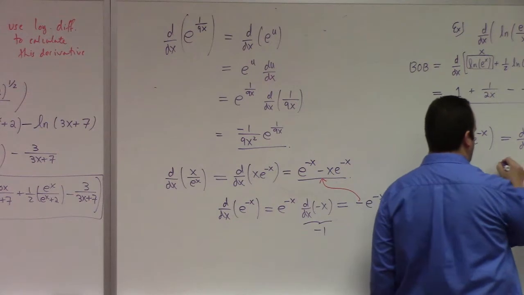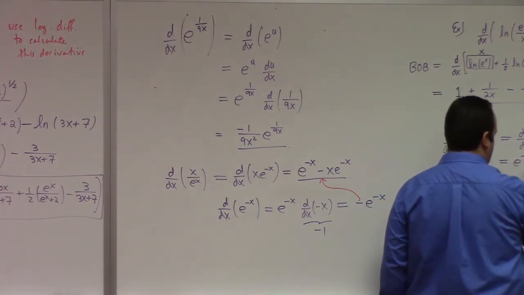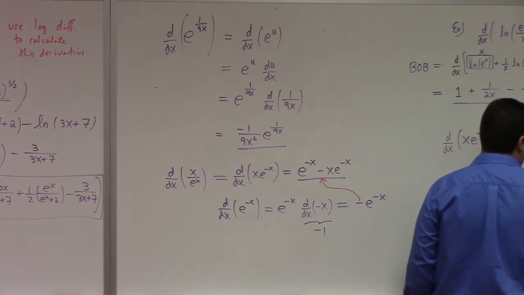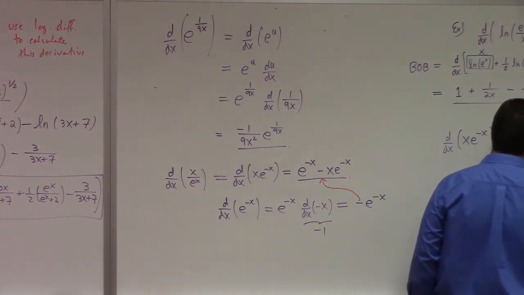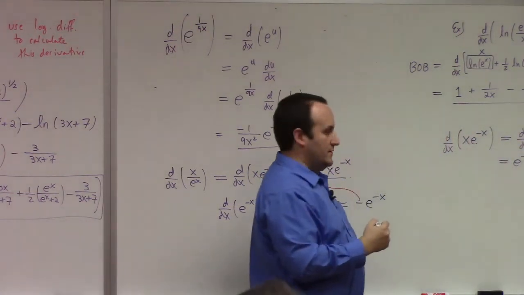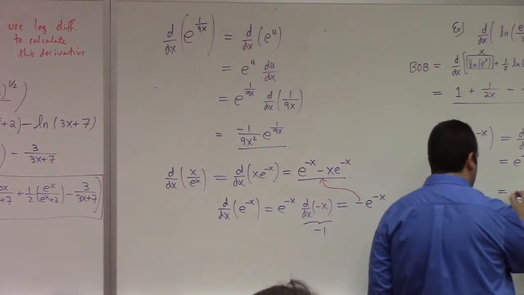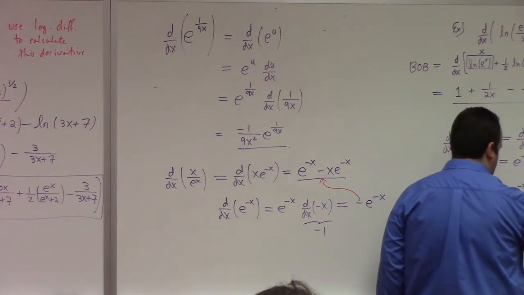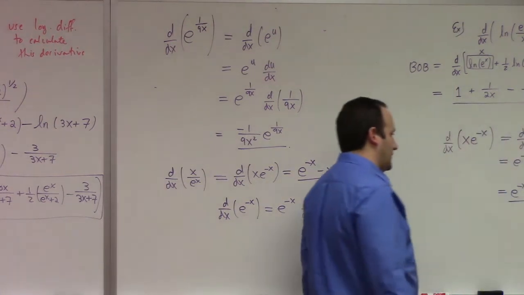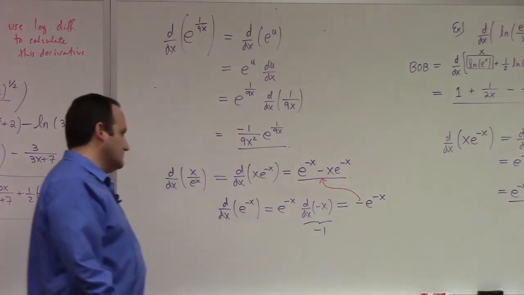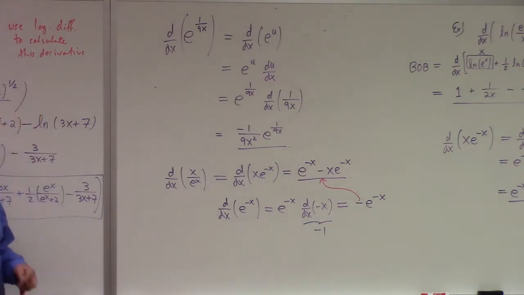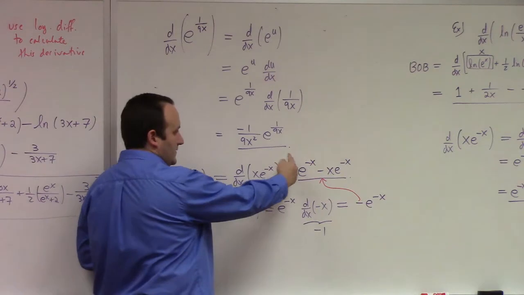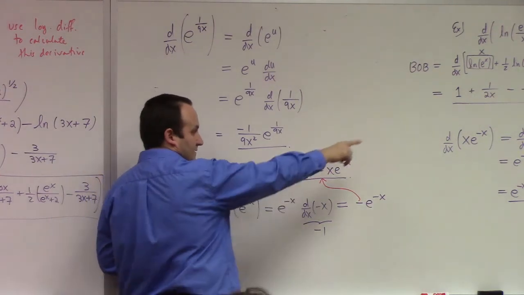And so what this gives us is e to the minus x plus x e to the minus x times d/dx of minus x by the chain rule, which finally gives us e to the minus x minus x e to the minus x, which is what I just said over here. My point is just that the logic of this equality here is that.